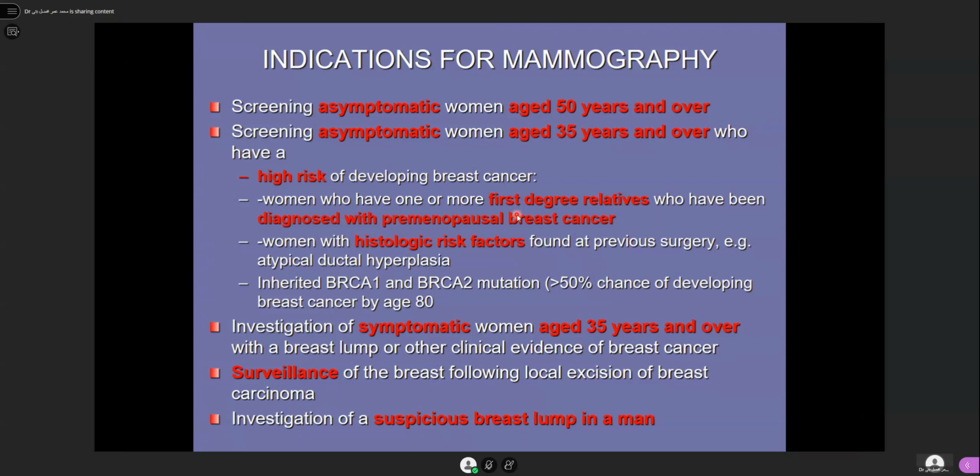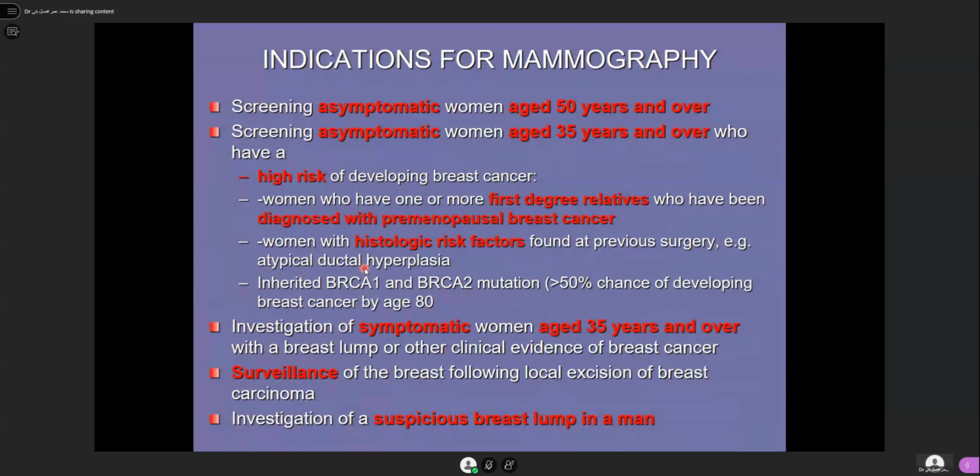Okay, so first degree relatives, if they have a history of breast cancer, then we take them as high risk patients, and we will start the screening after 35 years of age, not after 50 years of age. Or women who have histological risk factors found at previous surgery.